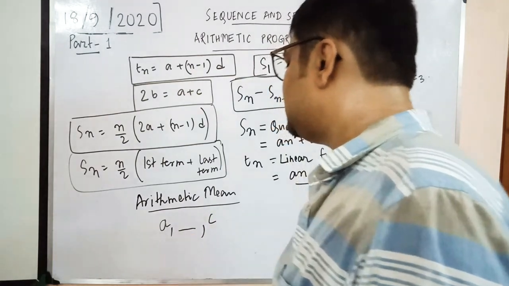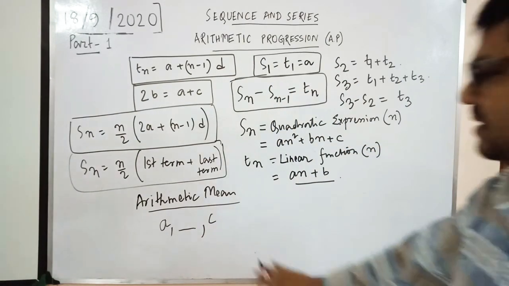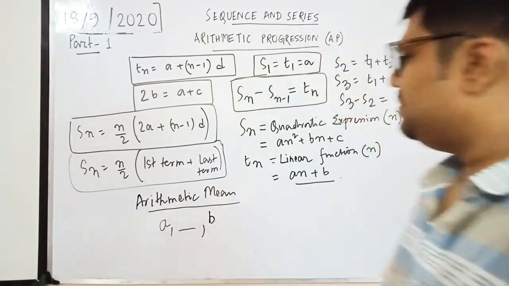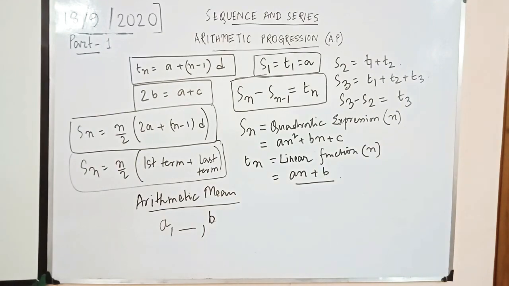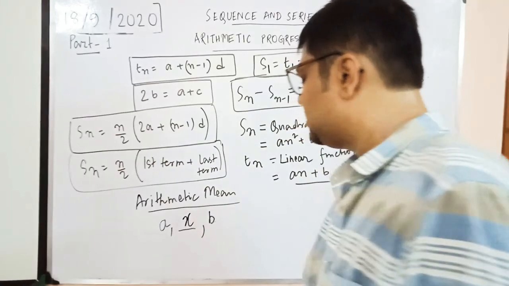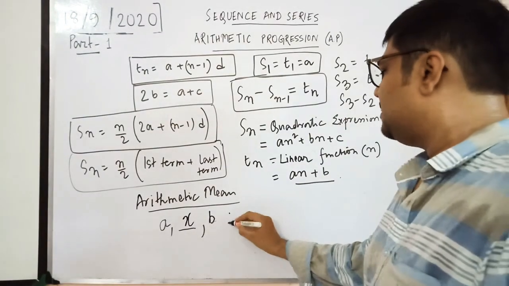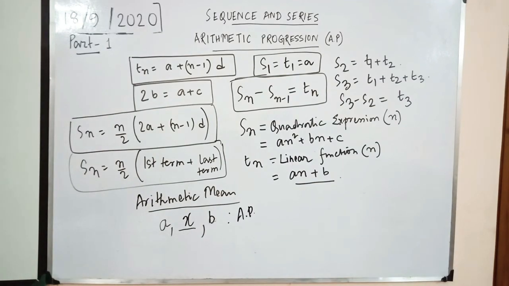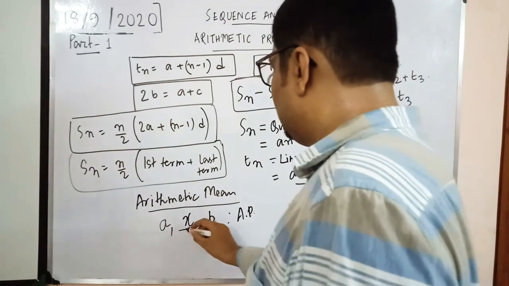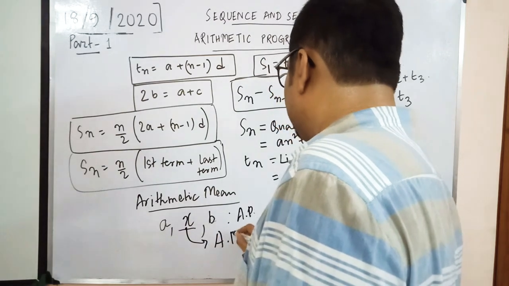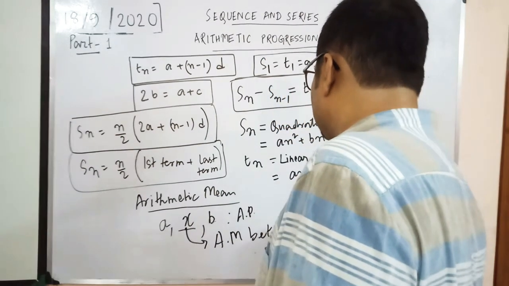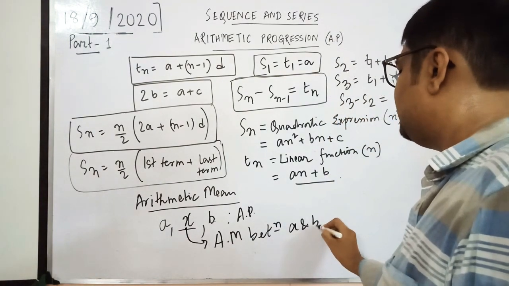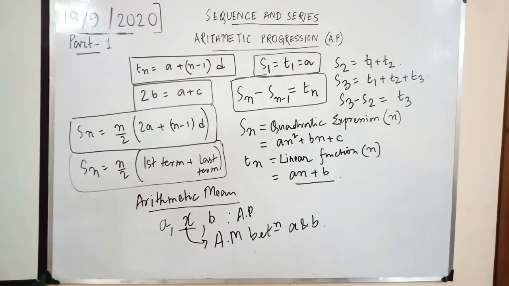If there are two numbers a and b, and we want to put something inside, that is x, so that the series becomes an arithmetic progression, then this x is actually the arithmetic mean, the AM between two numbers a and b.